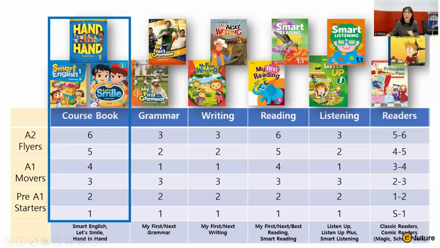However, if you want to do some extra practice with listening or reading or writing, then with 2 classes, you can use the main course book for one class, and for the other class, you can use one of the skill books. So you can think about your course, you can think about your students, and then you can use some supplementary books.